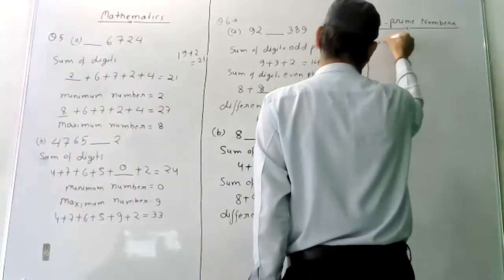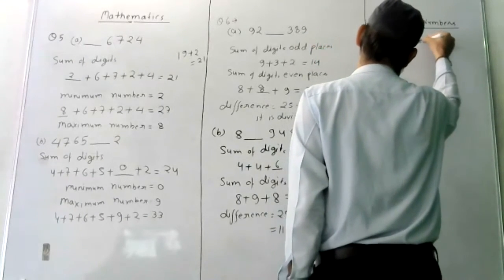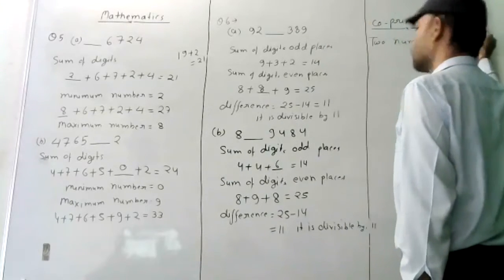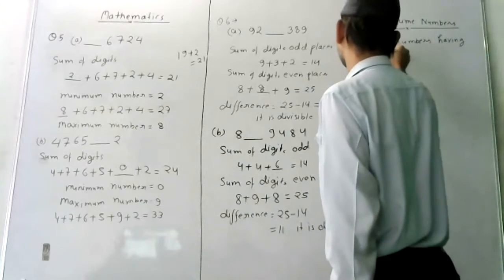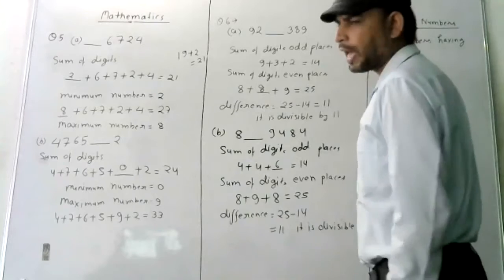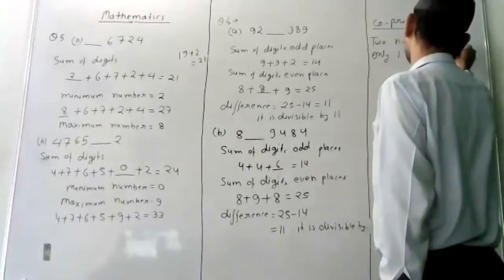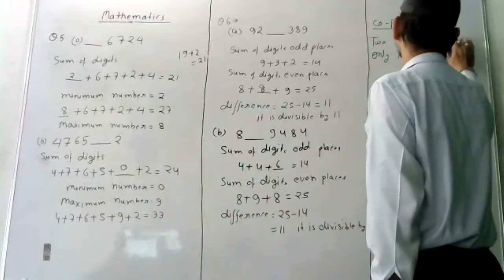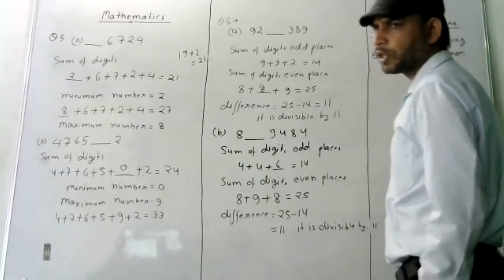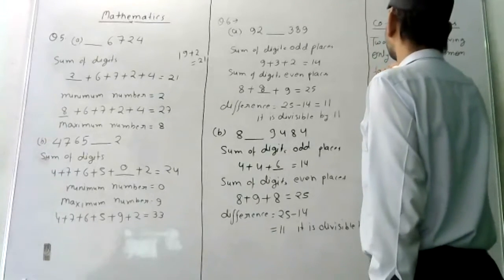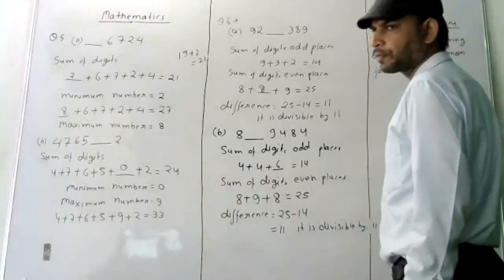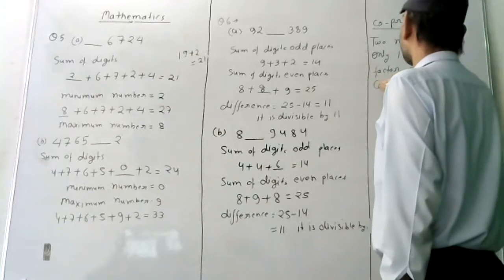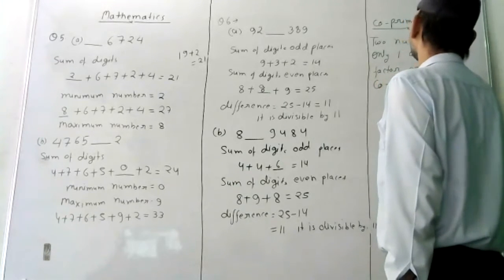Two numbers having only one as a common factor are called co-prime numbers.